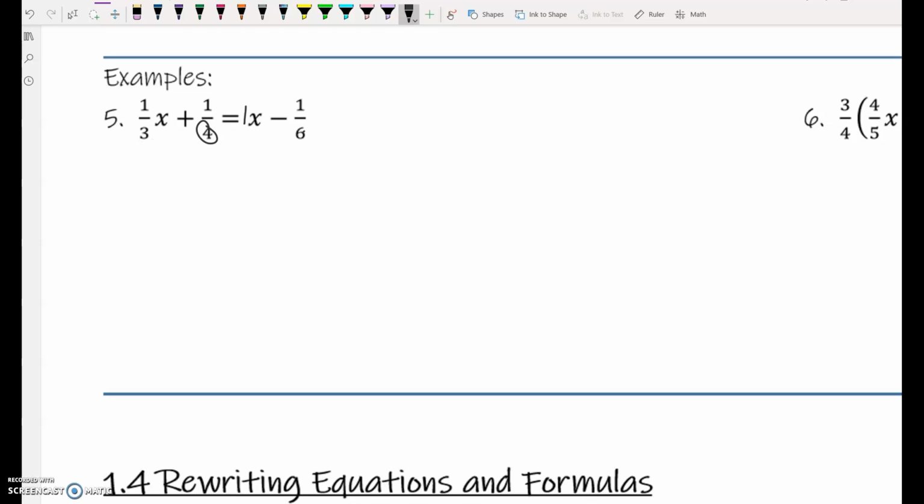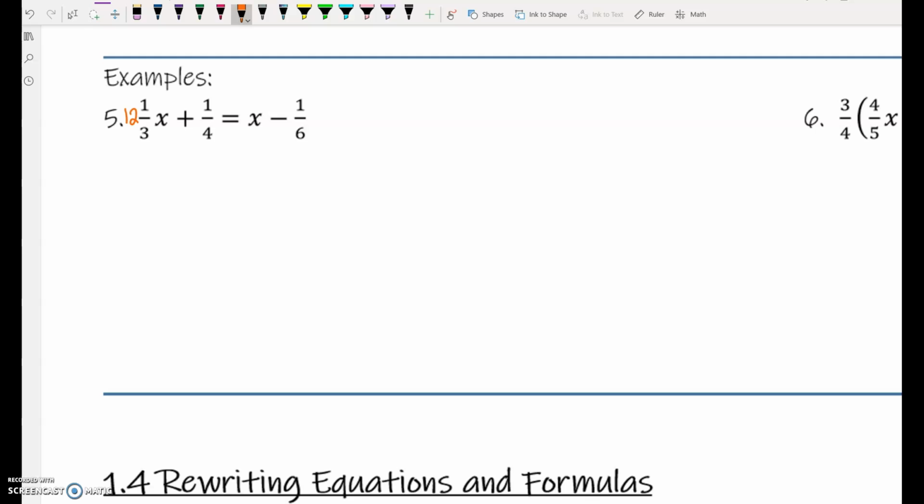But if I try to do 6 divided by 4, am I going to get a whole number? No. So I need a number bigger than 6 that works well with 3 and 4. 12. So I can do 12 divided by 6, 12 divided by 4, and 12 divided by 3 and get a whole number each time. So I am going to multiply everything in this equation by 12.